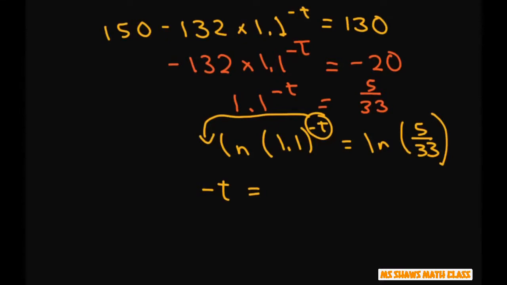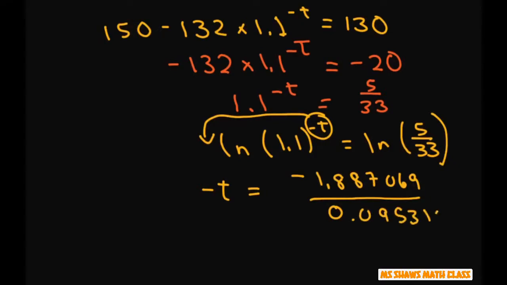Let's see, ln of 5 divided by 33 equals negative 1.887069. I'm going to write as much as I can. And ln of 1.1 equals 0.09531 and so forth.